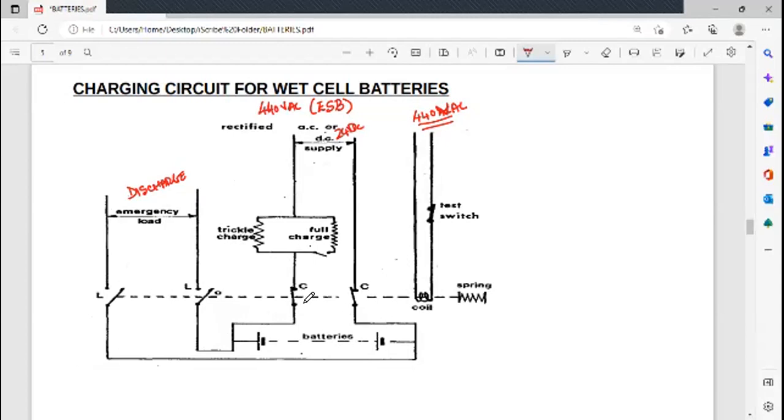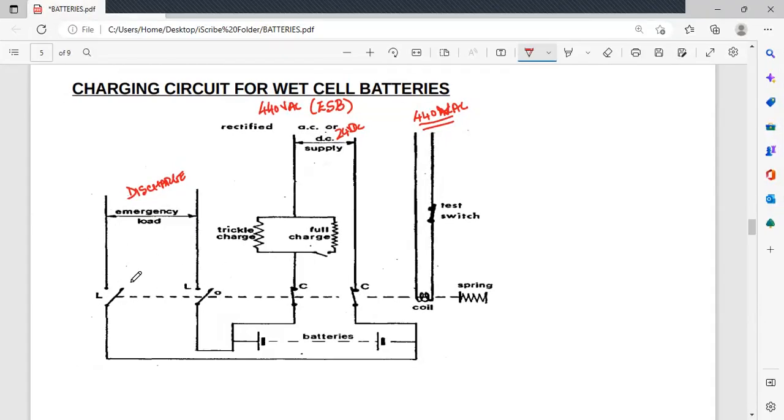Right. So these batteries are now being charged because these two are closed and these two are open, so nothing is going to your load at this moment. It will be connected to your load automatically only when your main supply fails, at least until your emergency generator comes on load. When you have a temporary blackout, this supply disappears, with which this coil gets de-energized and its core gets demagnetized.